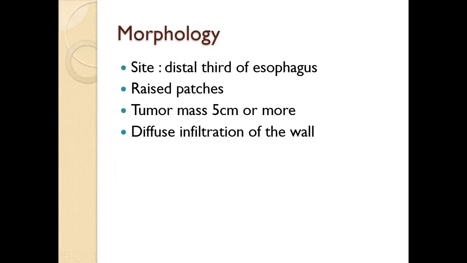So morphology of adenocarcinoma: the commonest site in the esophagus is the distal third, and there may be raised patches, and the tumor may be 5 centimeters or more, and sometimes there is diffuse infiltration of the wall.